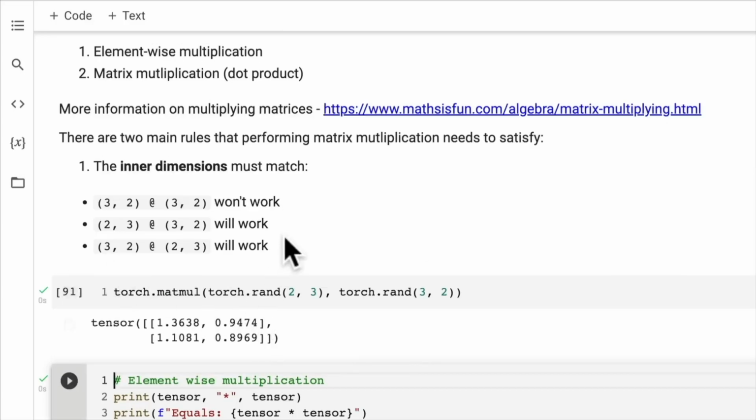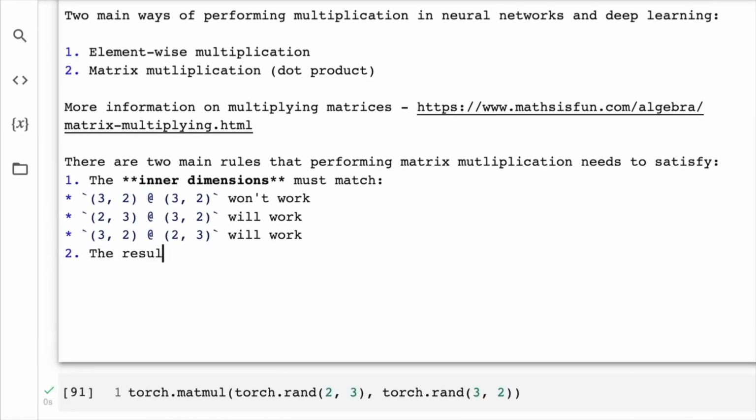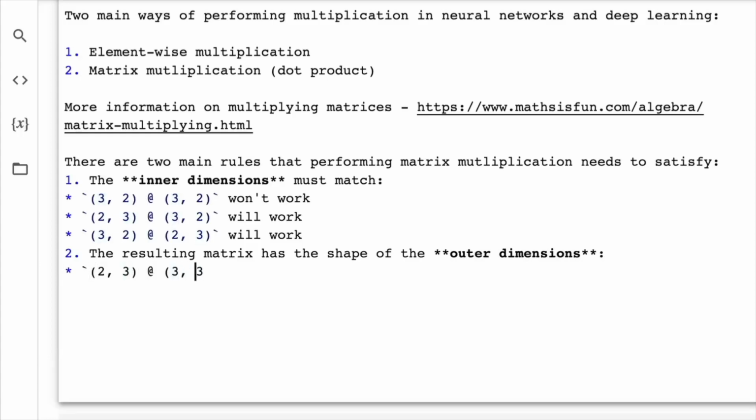Look at that. And now this is where rule 2 comes into play. The resulting matrix has the shape of the outer dimensions. So we've just seen this one, 2, 3 @ 3, 2, where @, remember, is matrix multiply.